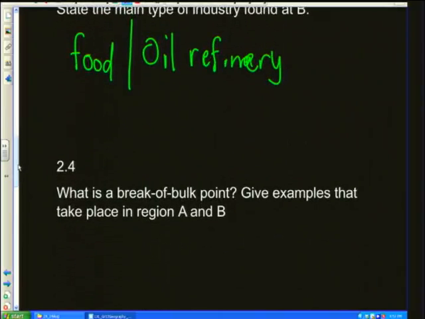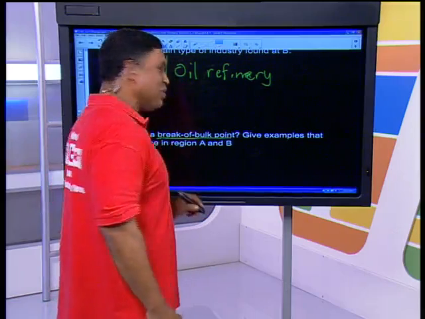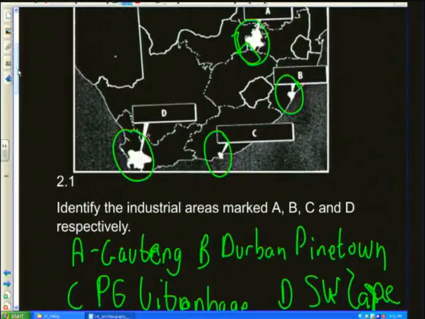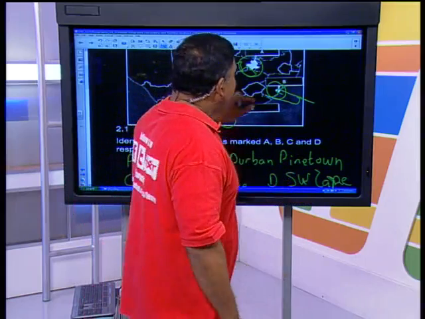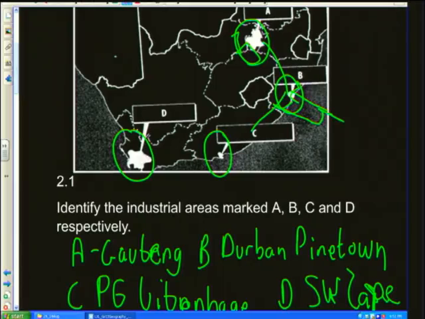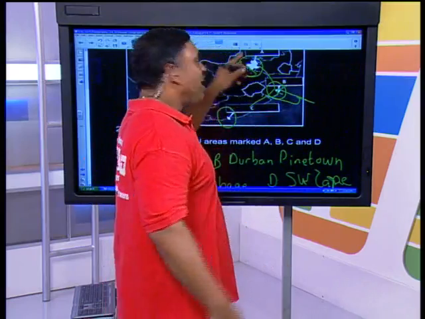What is a break of bulk point? All right, you learned this under settlement also. This area has a beautiful break of bulk point. Because what happens here? Goods come in via ship, all right, in one container. Then it changes mode of transport. We could use railway lines that will transport the goods, or roads. So it comes in bulk via ship. The mode of transport changes when by rail you send them out.